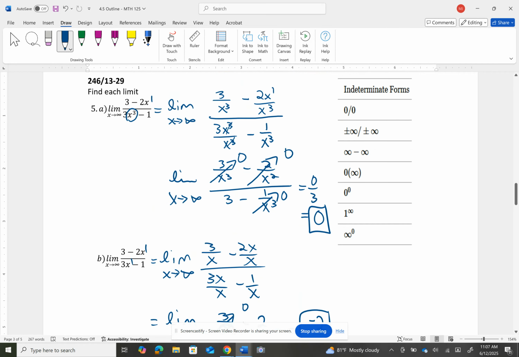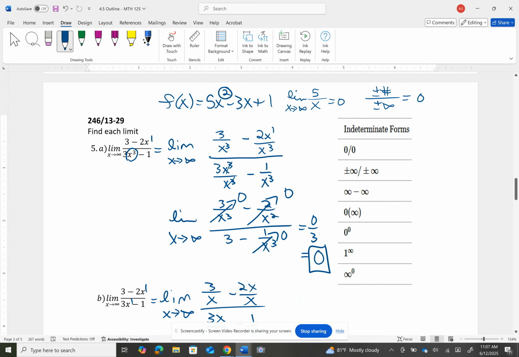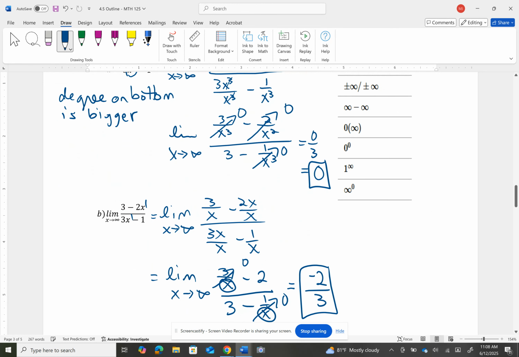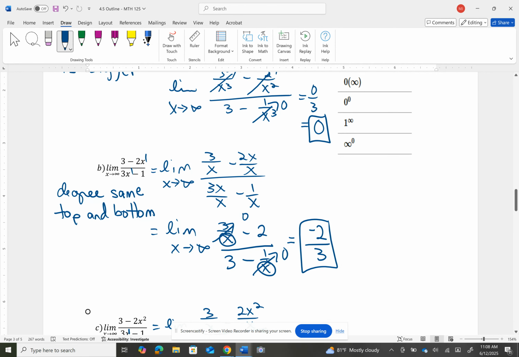So notice here that the degree on the bottom was bigger, and we wound up getting a limit of 0 for that one. On this one, the degree is the same, top and bottom, and on that one we wound up getting a number, negative 2/3.